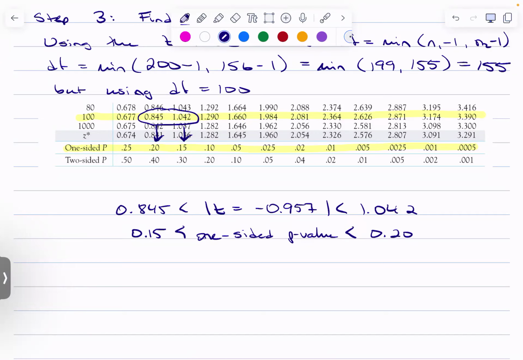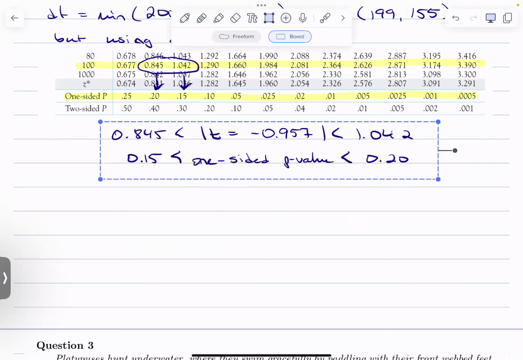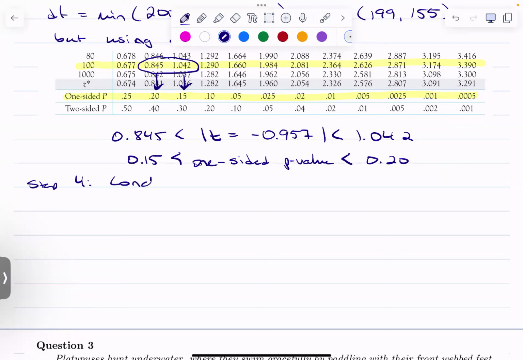Time for our conclusion. And to keep it on this one page here, maybe I'll bump this up. Step 4, your conclusion. Same as always, right?